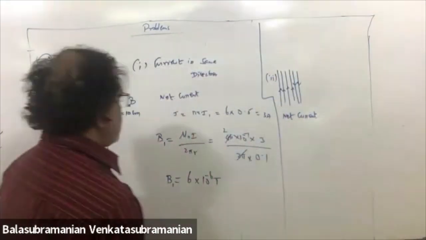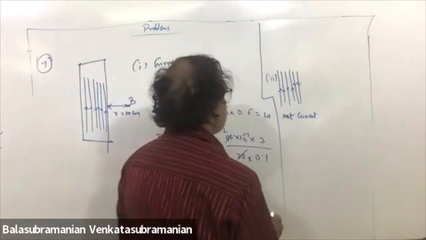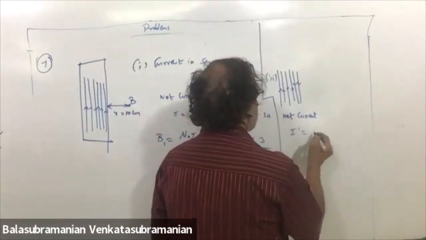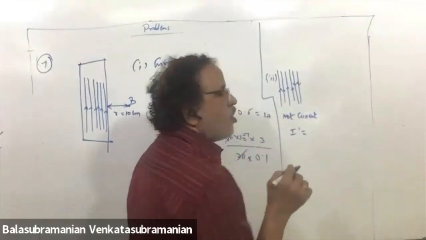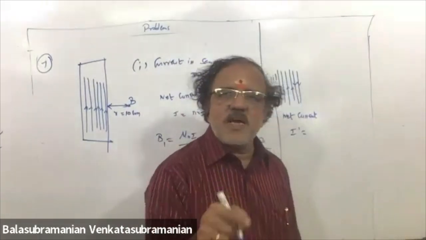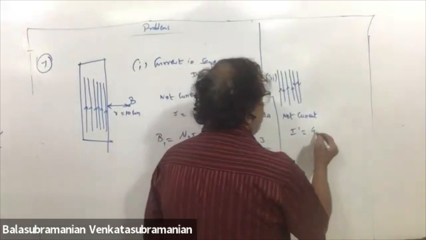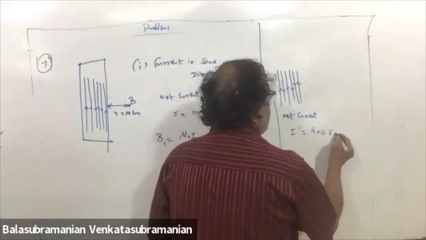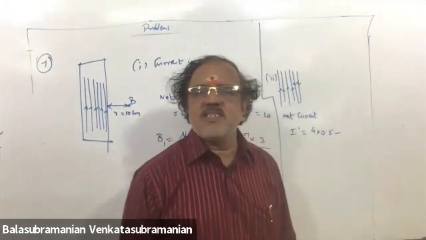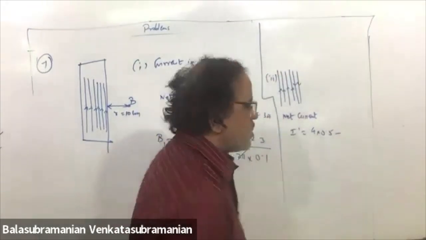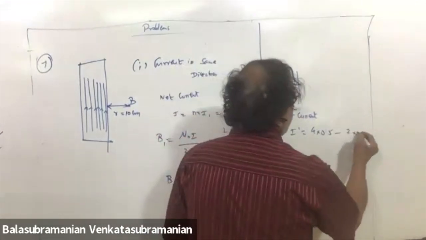Say this, you take it as B1, no problem. I dash is N into I1. 4 wires carrying current in the same direction, 4 into 0.5, minus, why minus? Two wires carrying current in opposite direction, so 2 into 0.5.